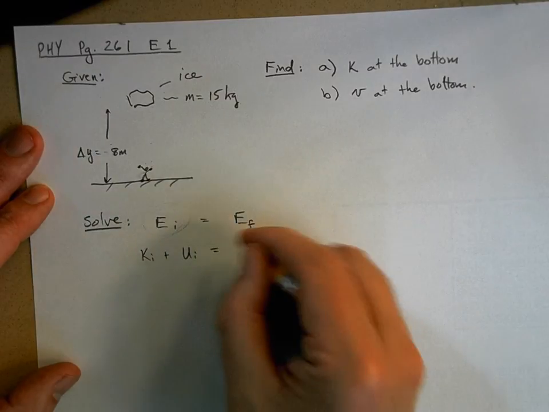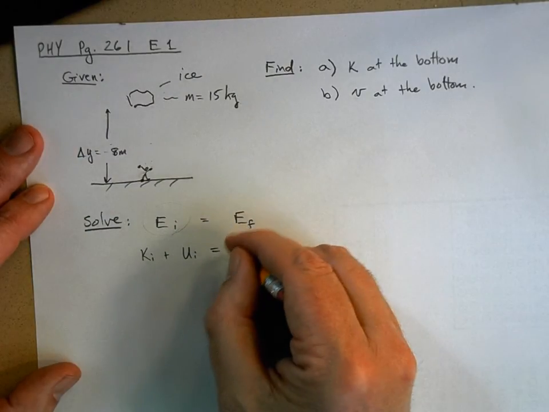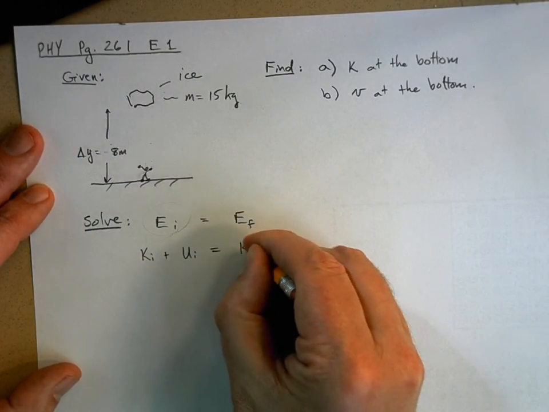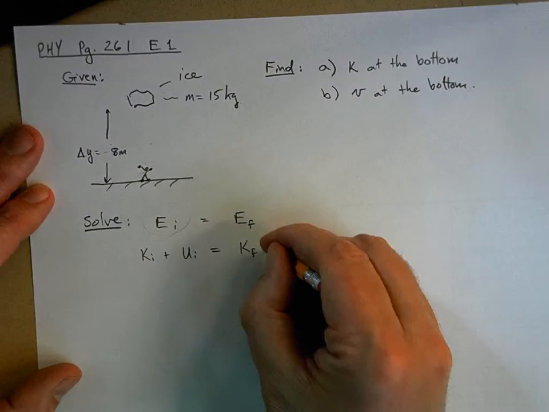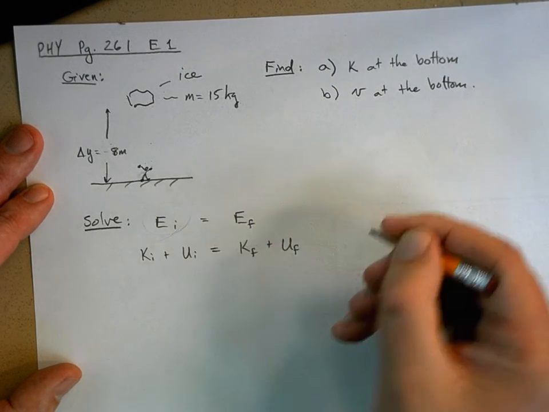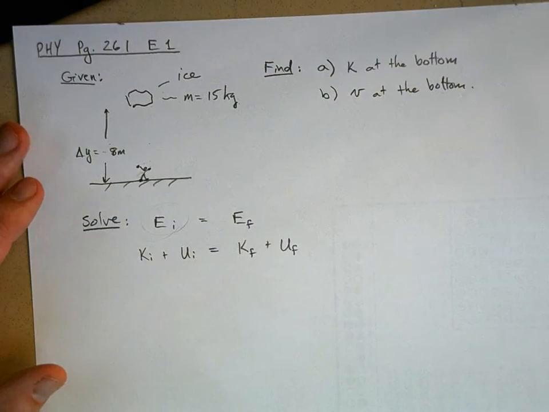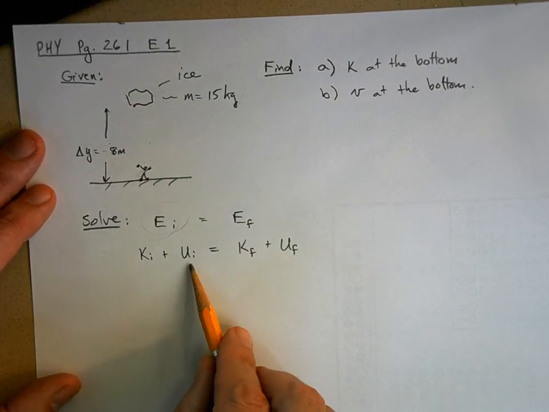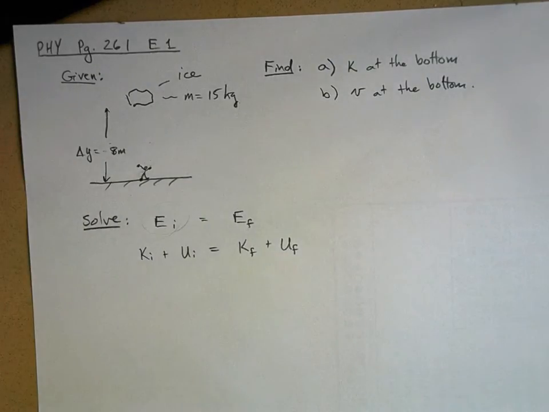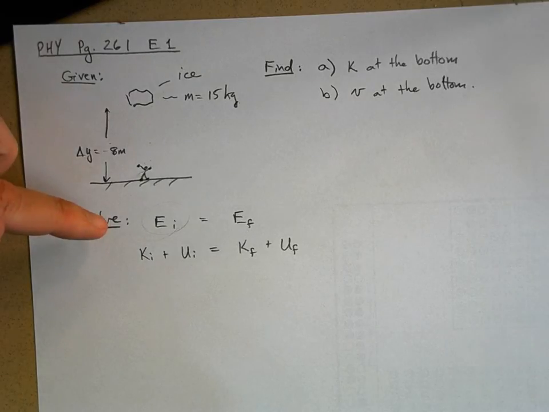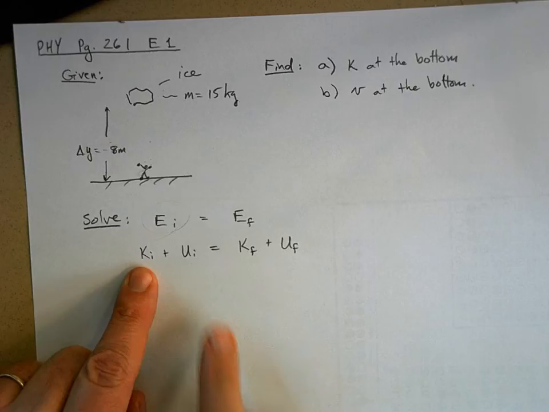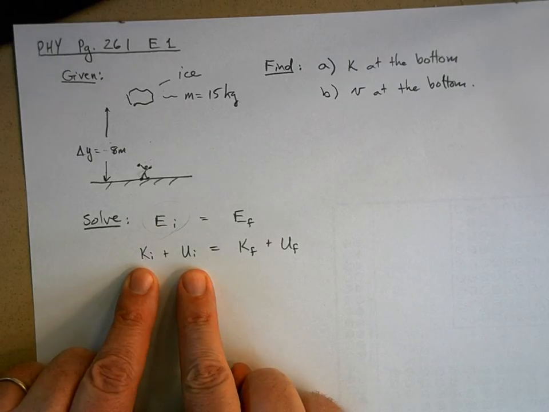And that will be equal to the final kinetic energy plus the final gravitational potential energy. Kinetic plus potential will equal kinetic plus potential. Remember that the mechanical energy, by definition, is the sum of the kinetic energy plus the potential energy. Remember that?